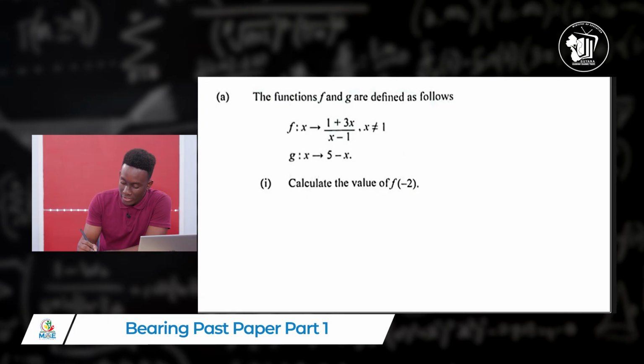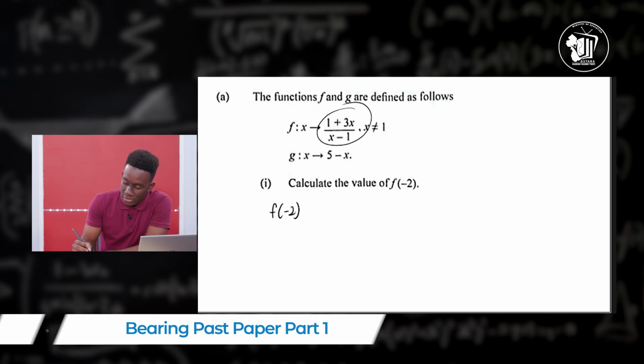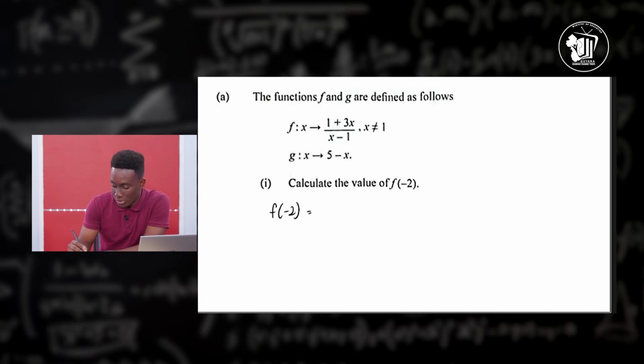So f of negative 2, we are substituting negative 2 in the function f of x. So this will simply be equal to 1 plus 3, instead of x we'll have negative 2, all divided by, instead of x, we'll have negative 2 subtract 1.